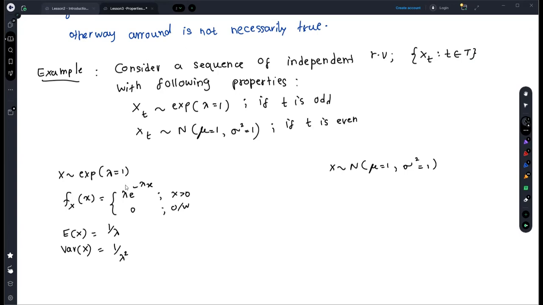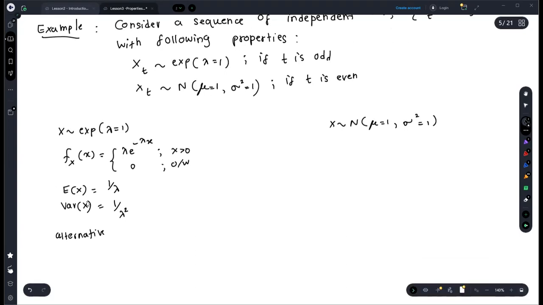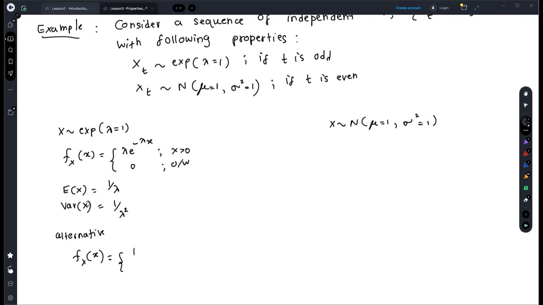If you write the alternative way, with theta, this is another way of writing the exponential distribution, right? One is with the rate, the other one is the mean.